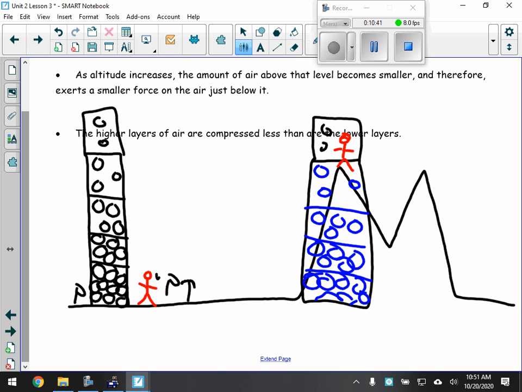Pressure is higher here at the bottom. Pressure is higher because this layer is pushing on this layer, pushing on this layer, pushing on this layer. All that stuff adds up, and the pressure is the greatest at the bottom. The pressure is less here at the top of the mountain.